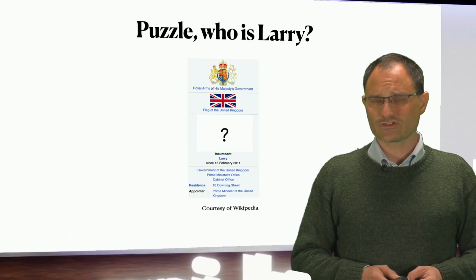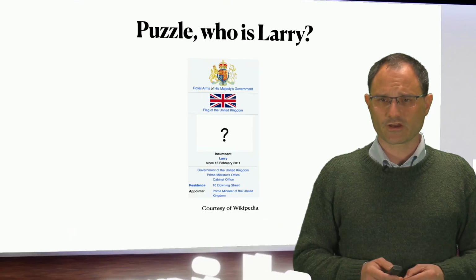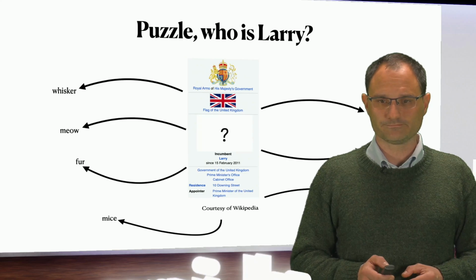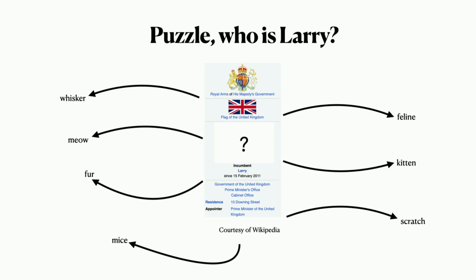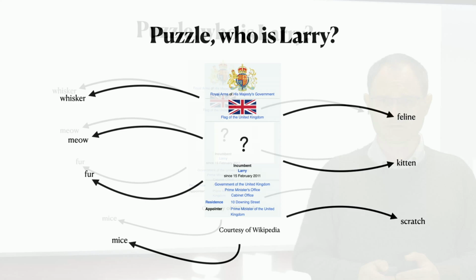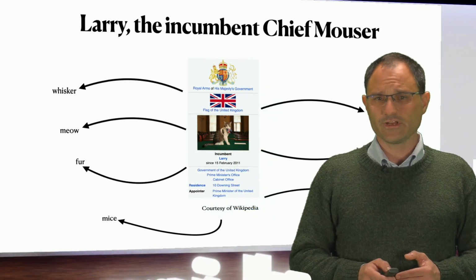To answer this question, let me show the typical words accompanying Larry. So the words that typically occur with Larry are the following ones: male, fur, whisker, feline, and so on. So what is Larry and who is Larry? Larry is a cat.